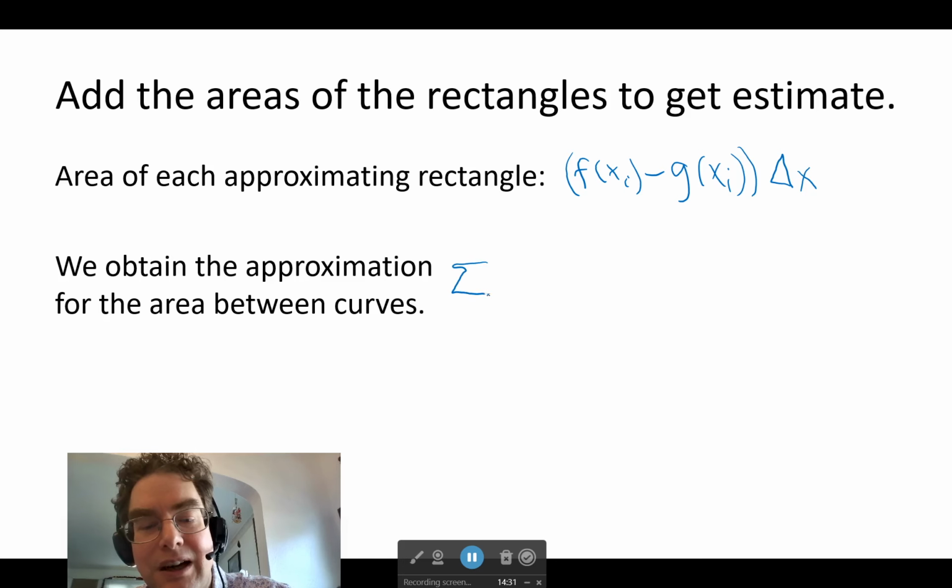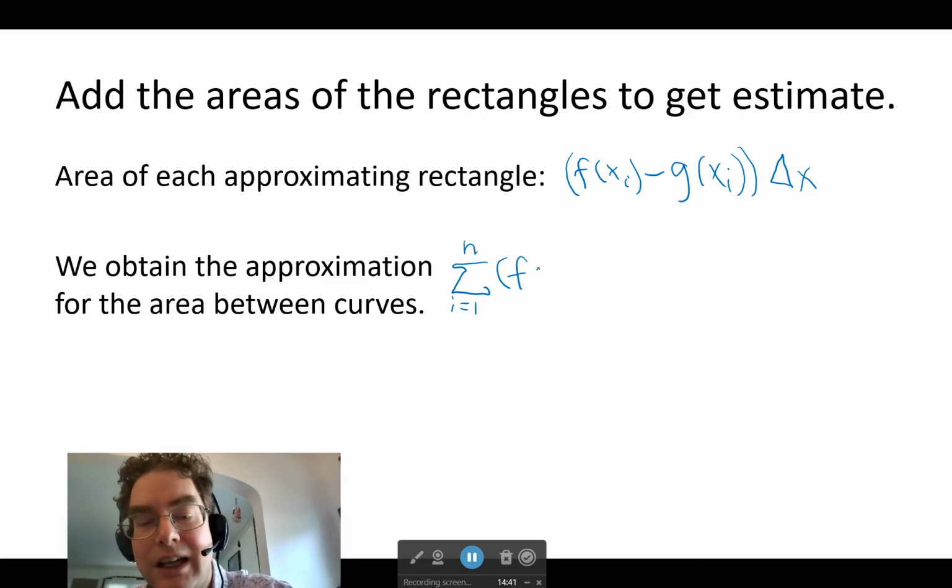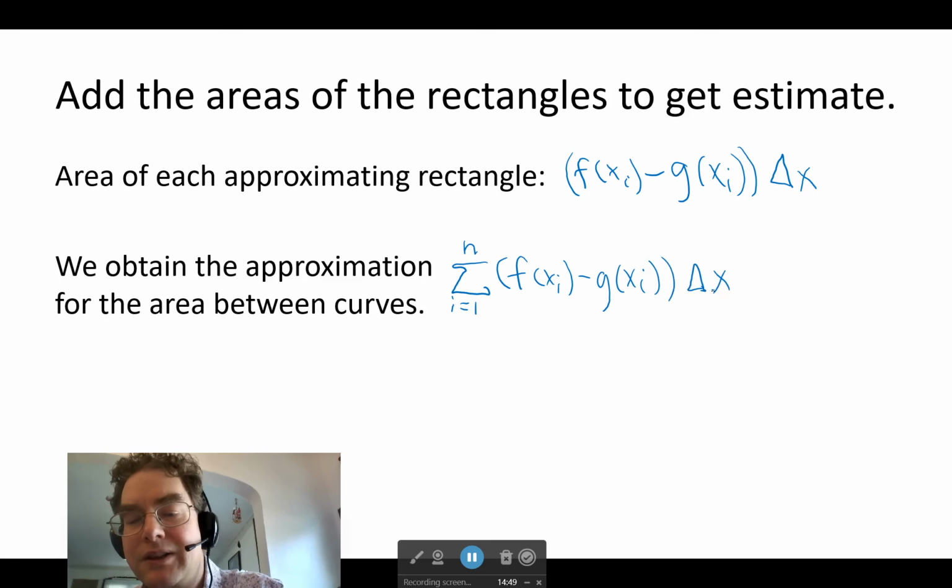This will be the sum as i goes from 1 to n, assuming that, as typical, we're using n subintervals and hence n approximating rectangles. We add the areas of those approximating rectangles together. And there they are, as the area of each one, and just add them all up. And this gives us an approximation for our overall area.